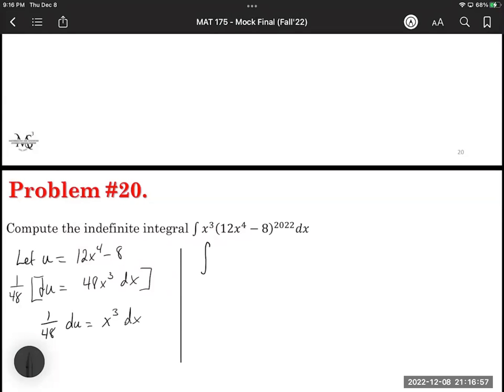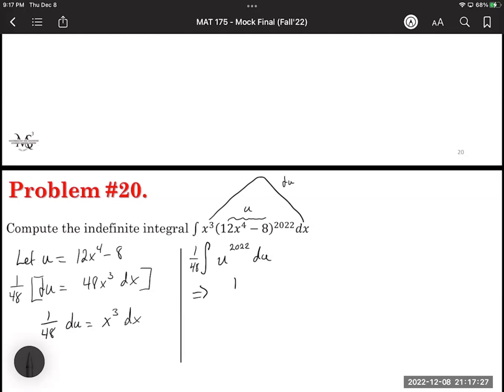What we're going to get is the integral, and the 1 over 48 part can go outside since it's a constant multiple. Inside of the integral, the 12x to the fourth minus 8 is your u, so this will give you u to the power of 2022 du, because x cubed dx gets replaced by the 1 over 48 du, but 1 over 48 goes outside.